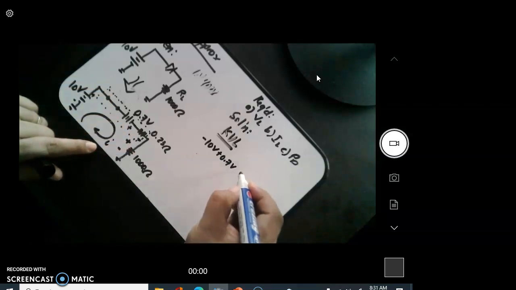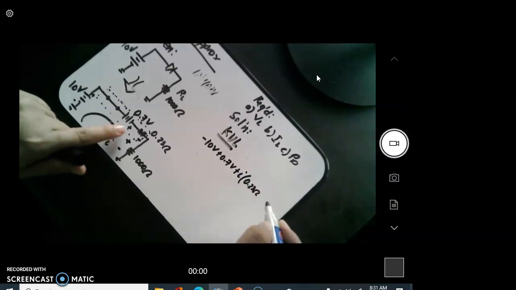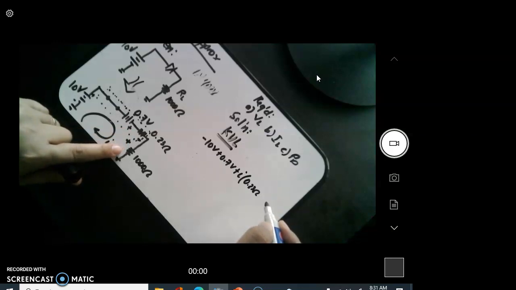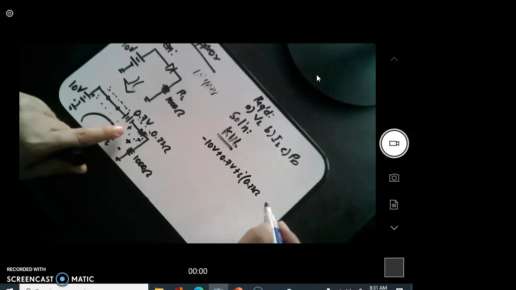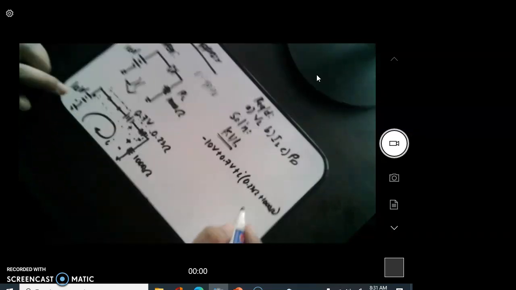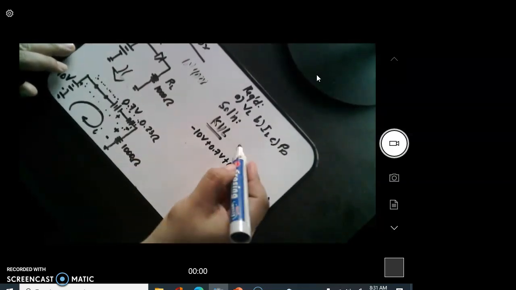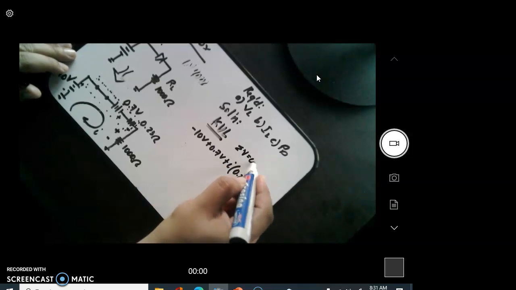So that is I multiplied by 0.23 ohms. And then the same current will flow through the 1000 ohms, so plus I times 1000 ohms. KVL states that the summation of all voltages must be equated to 0.